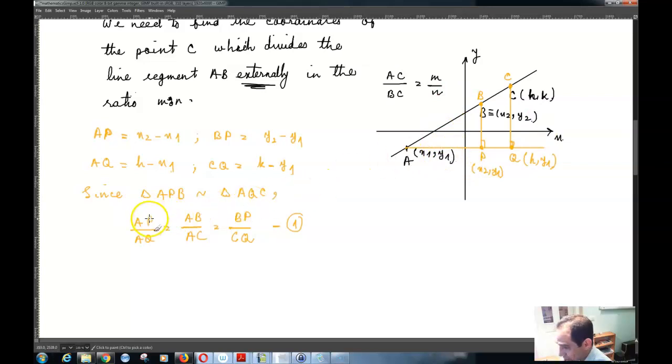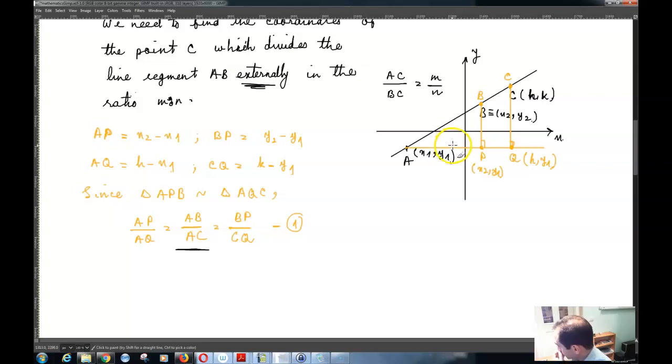Over here I have AP, AQ, AB, I don't have AC, I have BP, and CQ. So we need to do something about this because we have nothing for these two distances, AB and BC.